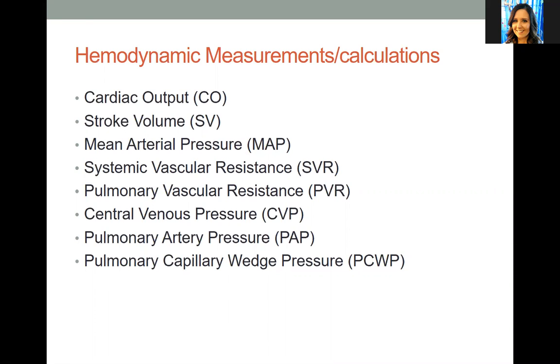We can measure central venous pressures or CVP, pulmonary artery pressures or PAP, and then our pulmonary capillary wedge pressure. You might also hear this called wedge pressure or pulmonary capillary occlusive pressure. They're all the same thing for the same term. So let's dive deeper and talk more about these measurements.